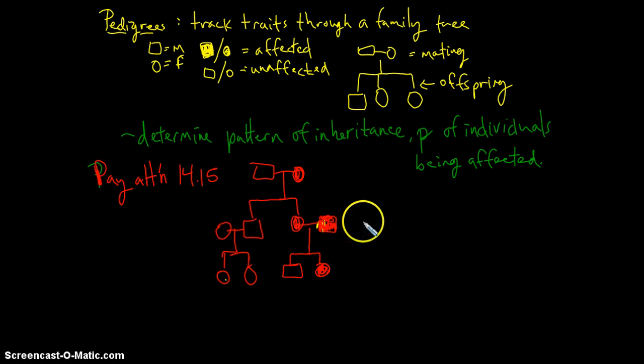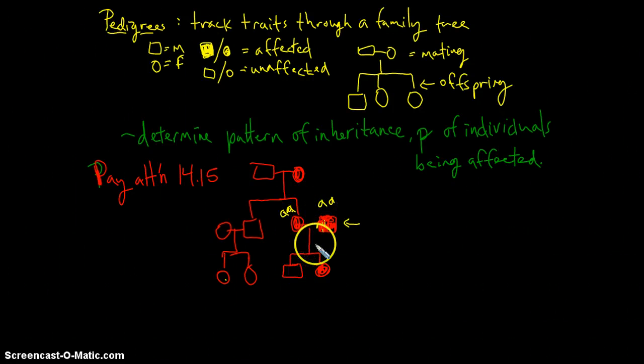Now, let's take these two individuals here and think about their potential genotype. If this is a situation in which these individuals are affected by a recessive allele, now don't write this down, just look. If both of these individuals are affected and it's recessive, consider what that would mean for all of their offspring. All of their offspring, since their parents are homozygous, all of the offspring would also be affected.